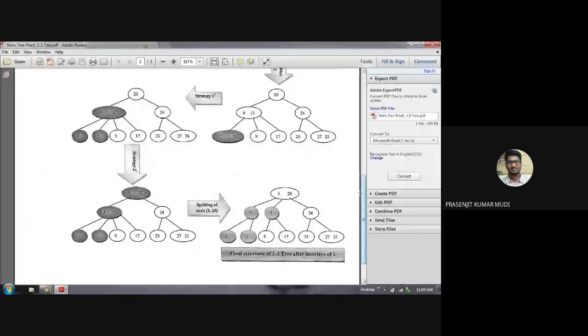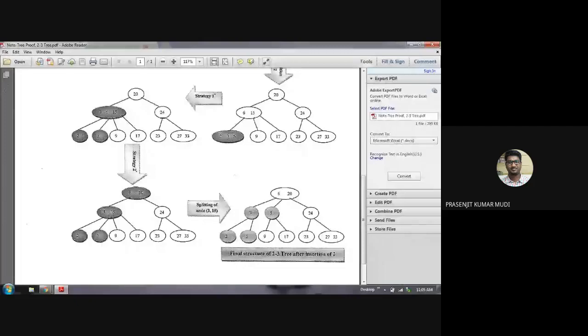So again, this process, whatever we have done, a median goes up to its parent and we split the remaining node, right? That process we will repeat again. So among 3, 6, and the remaining portion, in the last figure 3 and 5 are two separate nodes.